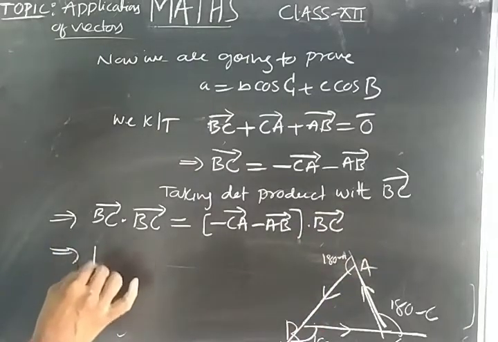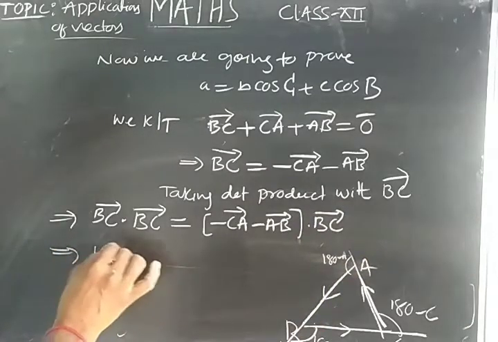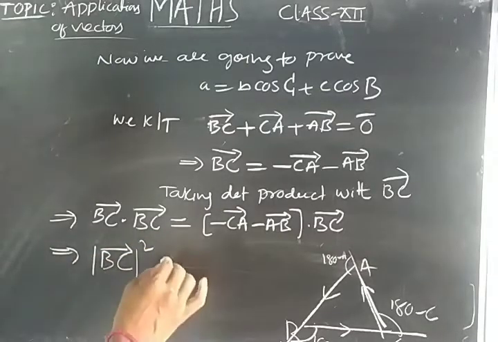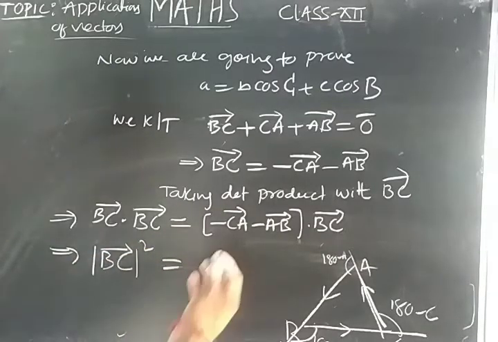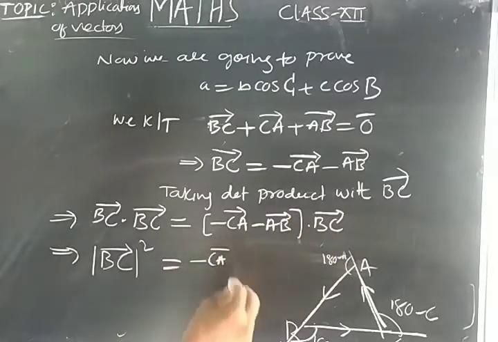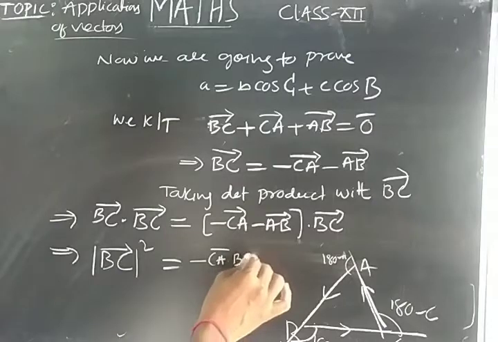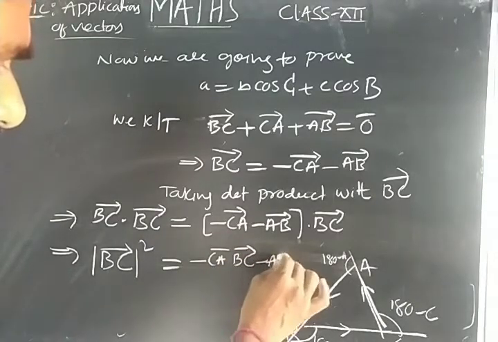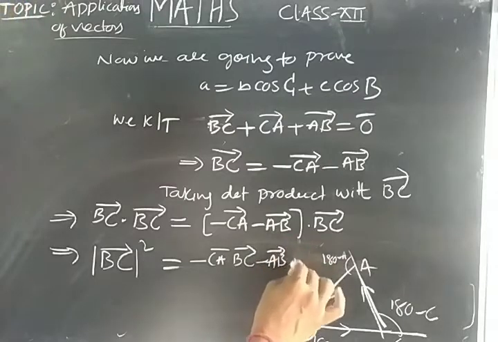BC vector dot BC vector gives BC vector whole square. On the right hand side, minus CA vector dot BC vector minus AB vector dot BC vector.